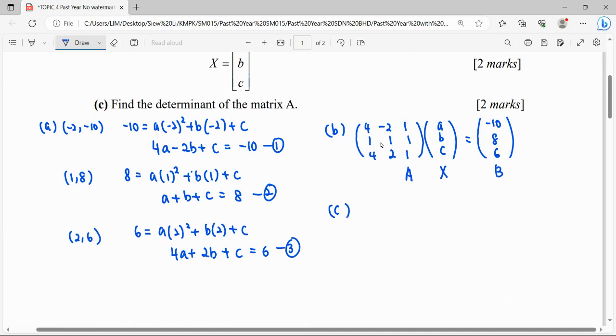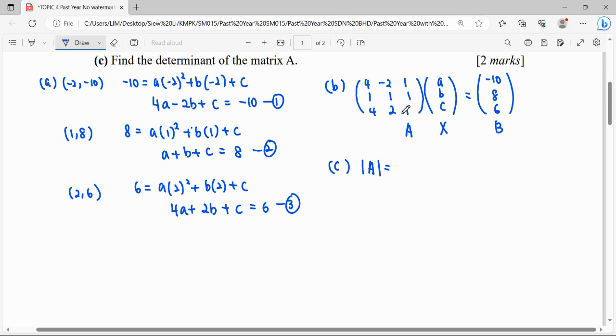Then for question C, they ask us to find the determinant of matrix A. Referring to this matrix A, our element A11 is 4, then minus element 1,2, which is -2, then plus A13, which is 1.